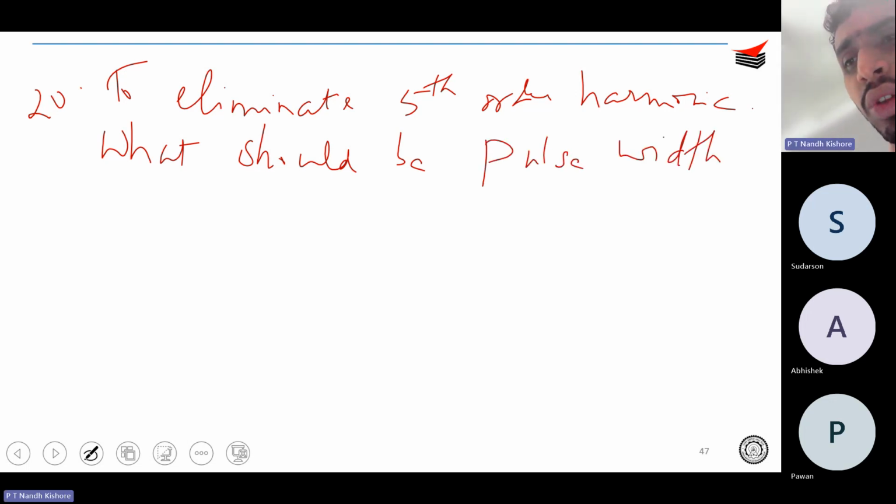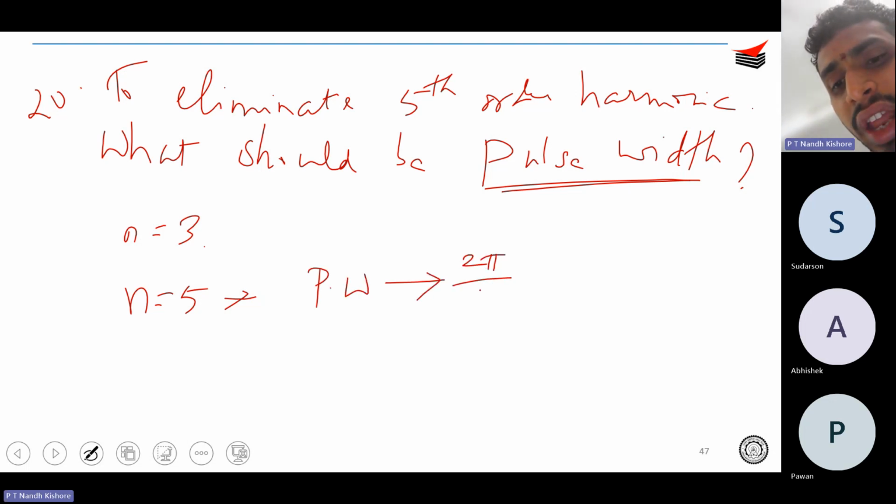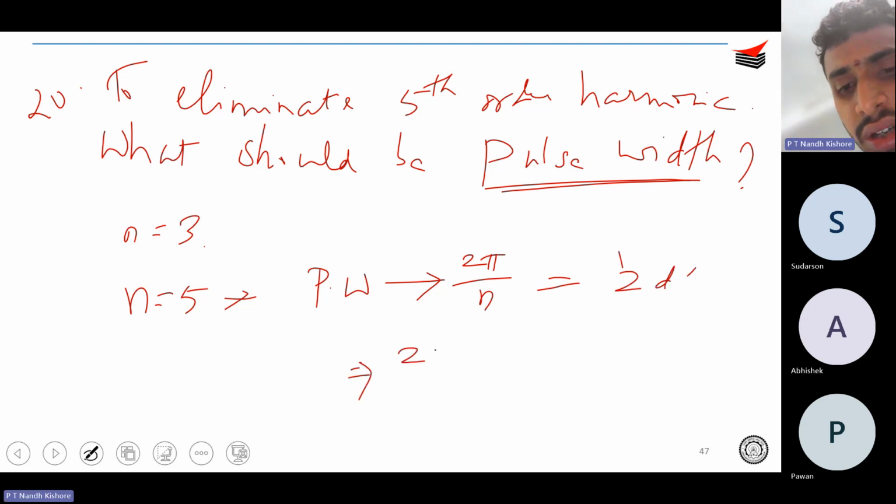What should be the pulse width to eliminate the lowest order harmonic, that is n equal to 3. Now they are asking for n equal to 5. So what should be the pulse width? Pulse width should be 2 pi over n is equal to the pulse width 2d. Okay. So that is 2 pi over 5. What is 2 pi over 5? 72 degrees.